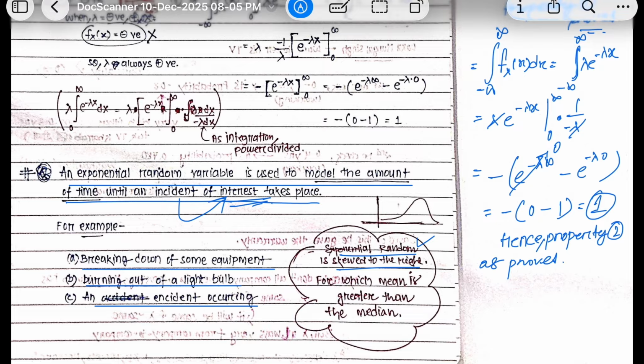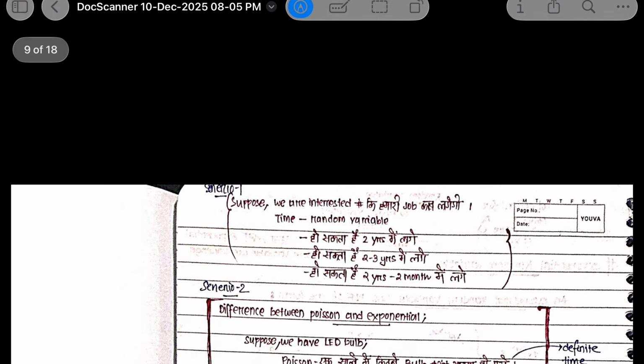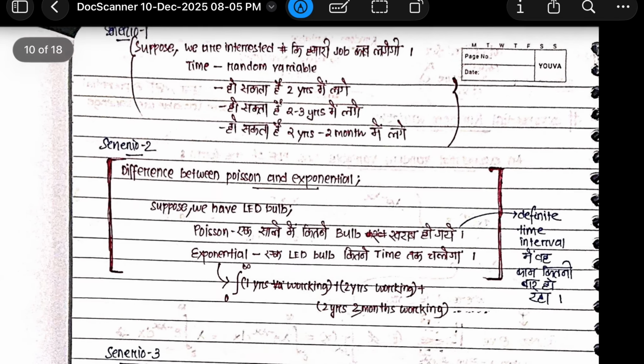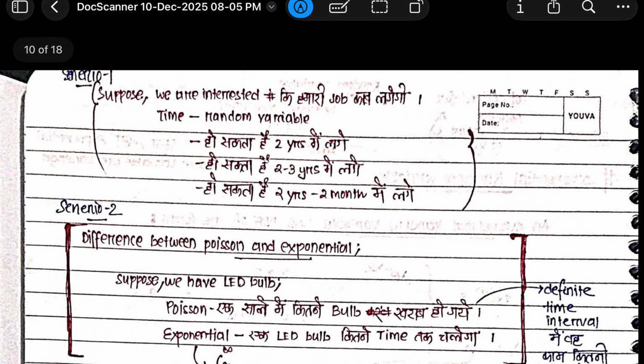How this is different from the Poisson random variable, I will discuss now. Talking about scenario 1, suppose we are interested in when we will be getting a job.